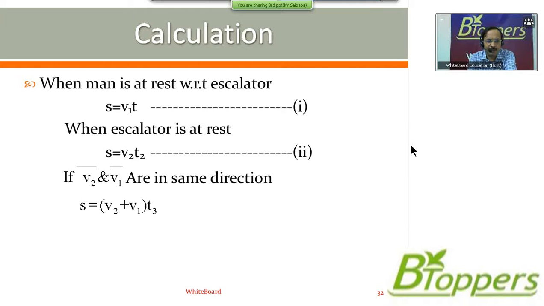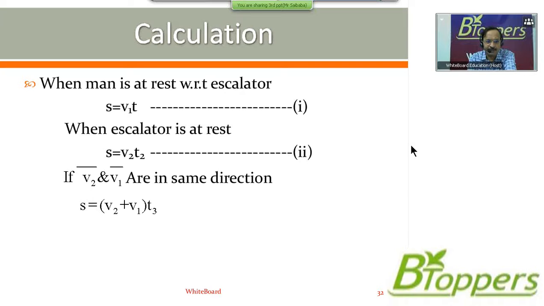That means both the velocities V1 bar and V2 bar are in the same direction. Therefore, the magnitude of the resultant velocity of the man, meaning the velocity with which the man moves up the escalator with respect to a stationary observer on the ground, will be V1 plus V2.